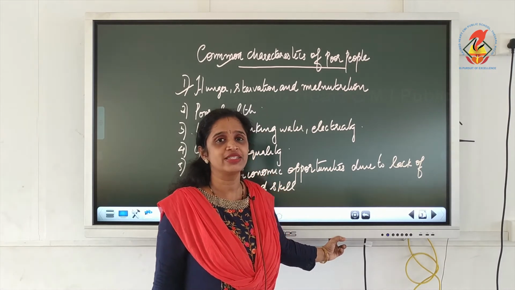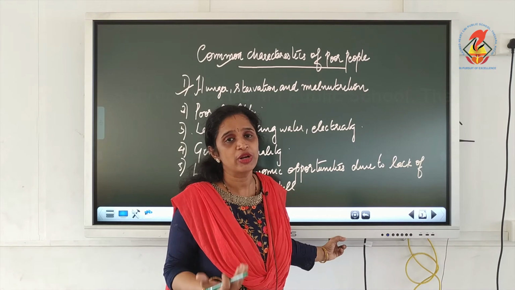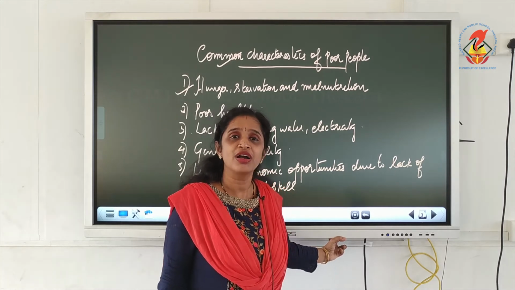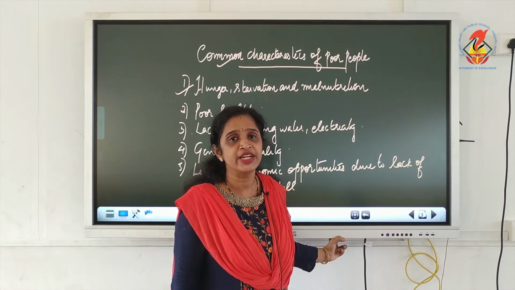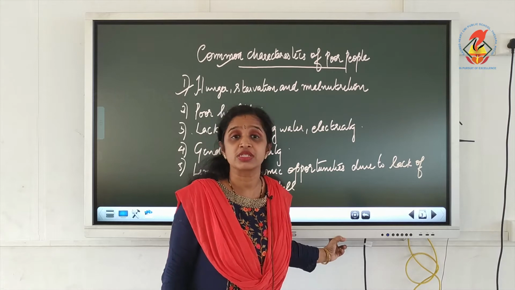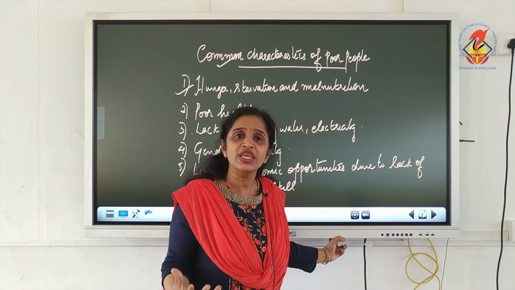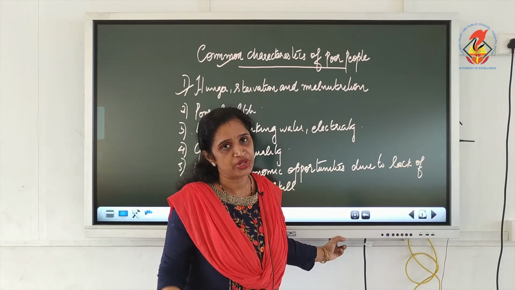He is not getting the food which is required for his body. A minimum calorie requirement is needed for each and every person to sustain his life. That is not available for a poor person, so he is in a state of hunger, starvation and malnutrition.